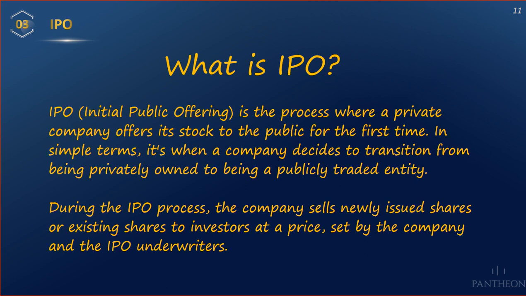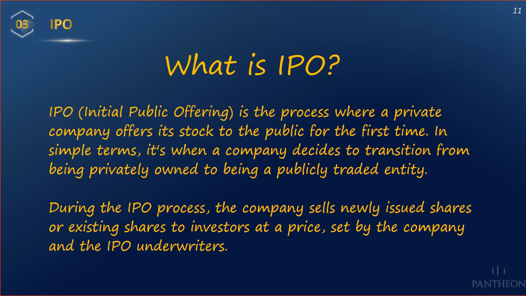The IPO process is the procedure by which a private company first offers its stock to the public. In simple terms, it means that a company decides to transition from a private enterprise to a publicly traded entity. During the IPO process, the company sells newly issued shares or existing shares to investors at the offering price set by the company and the IPO's underwriters.